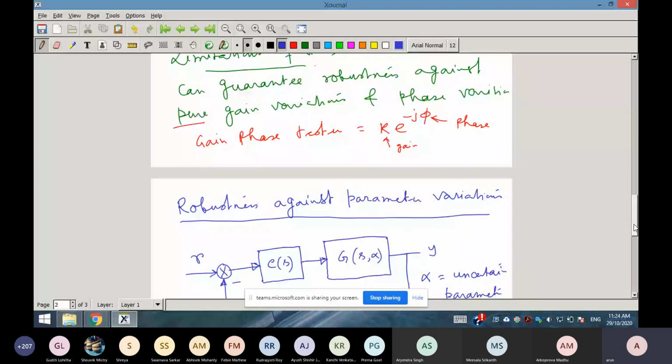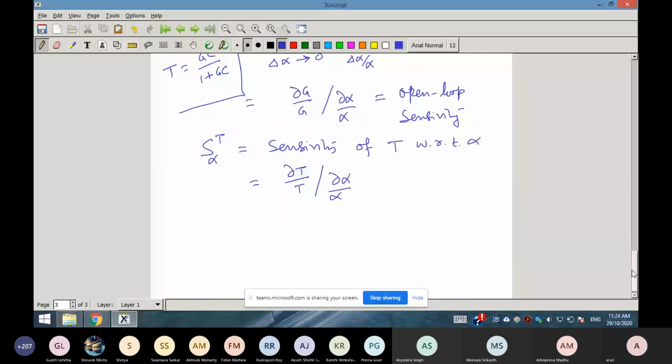So this is your, so you can derive that. Now one can show that S alpha T equal to 1 by 1 plus GC into S alpha G. I am not deriving it here.